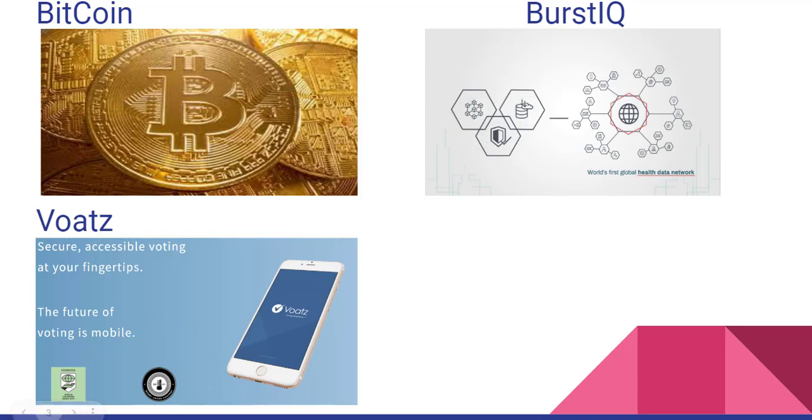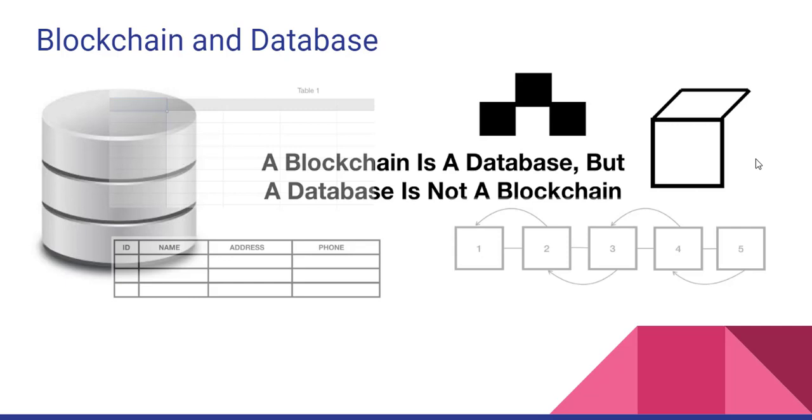Similarly, Rust IQ is working on bringing health data over the blockchain. Since health data is sensitive and needs trust, hence blockchain. Many times you will get the terms blockchain and database used interchangeably by many people. Just understand that blockchain can be referred to as a database, but vice versa is not true.